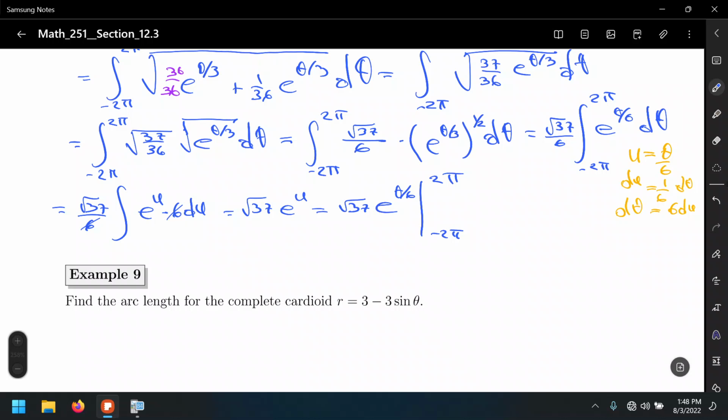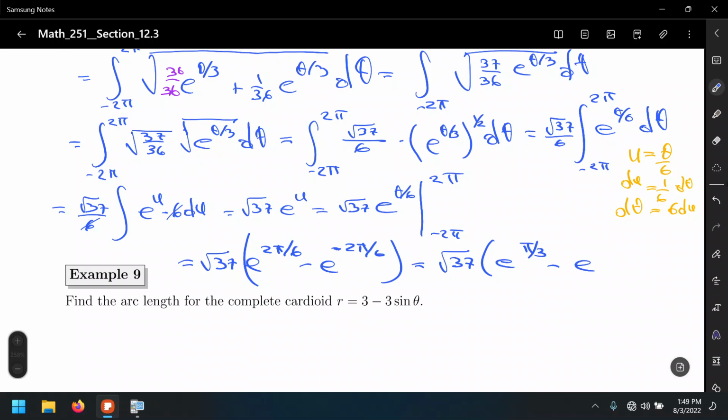As usual, upper limit minus lower limit, that's simply the square root of 37 times e to the 2 pi over 6 minus e to the negative 2 pi over 6. This reduces to square root of 37 times e to the pi over 3 minus e to the negative pi over 3. And this is an okay answer.